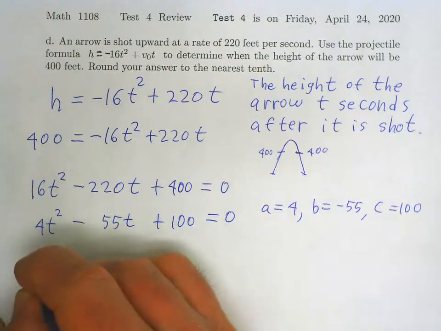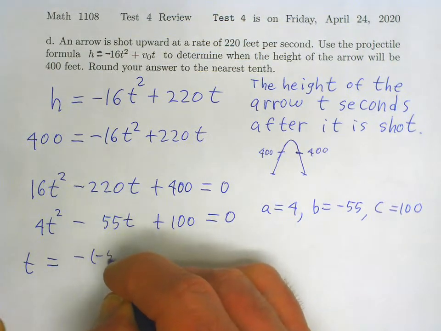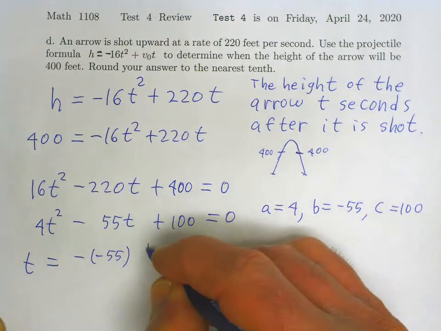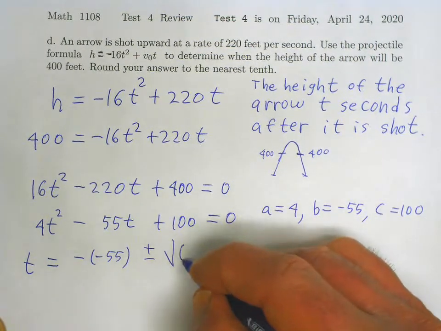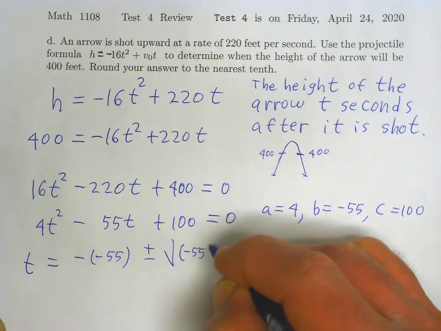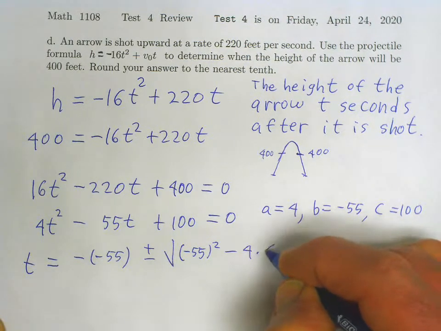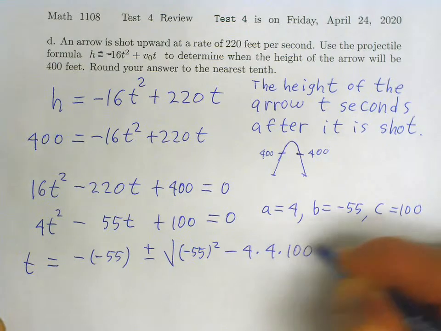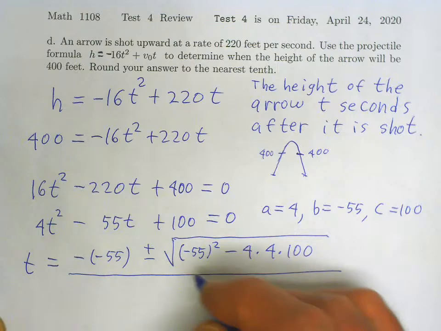Okay, so the t-values, the negative of negative 55 plus and minus the square root of the number negative 55 squared minus 4 times 100, all divided by 2 times 4.